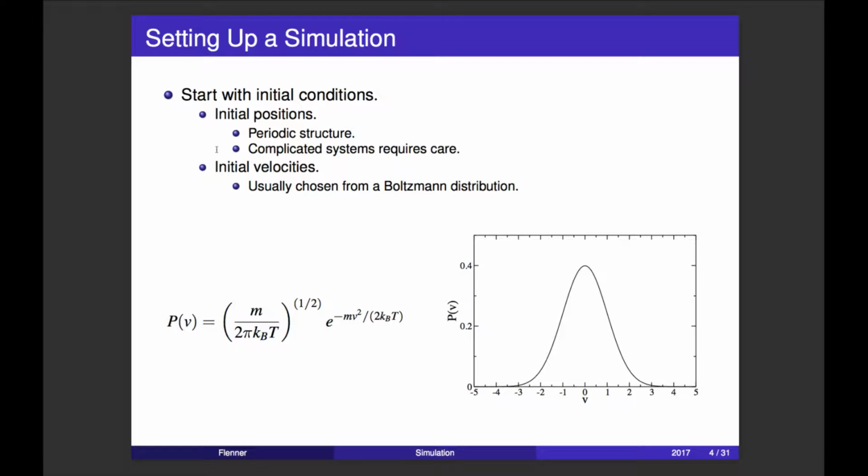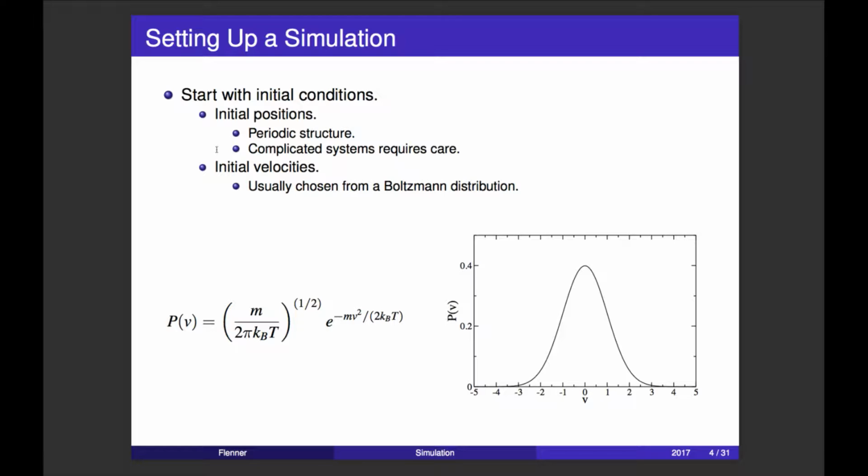Now, if you think about this, if you have a liquid, say, let's take our benzene that we've been thinking about. And so that thing is a ring, in some sense. And we need an initial position that is consistent with the thermodynamic conditions we're interested in.